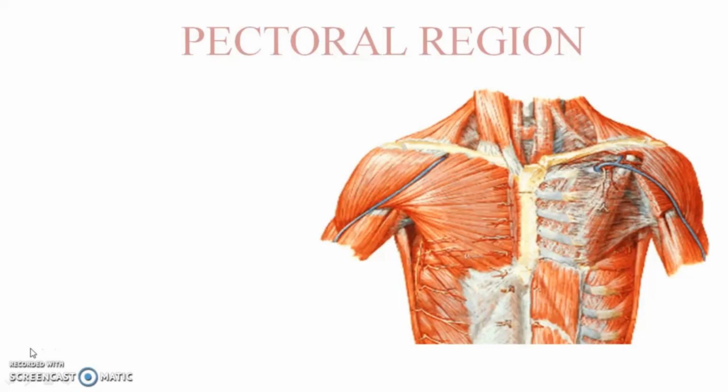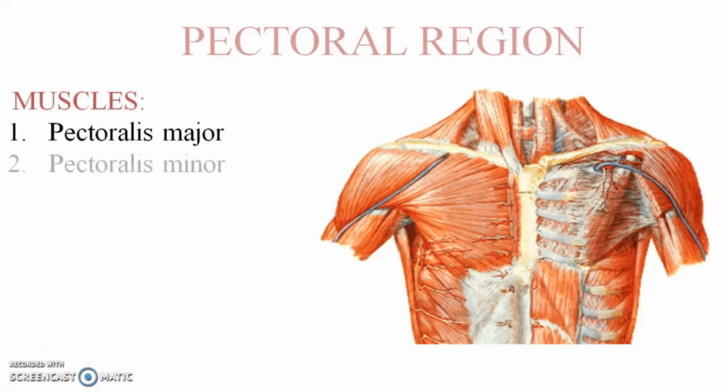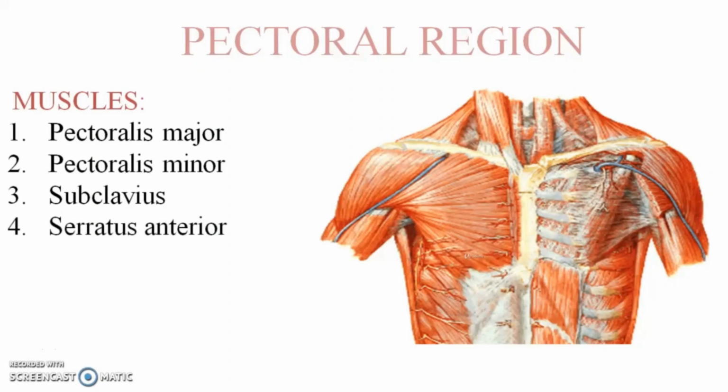In the pectoral region, as I said before, we have 4 important muscles: first pectoralis major, second pectoralis minor, along with subclavius muscle and serratus anterior. These are the four important muscles we will see in this pectoral region.